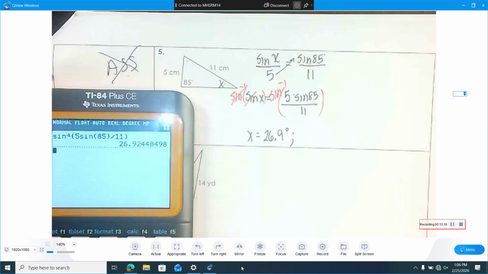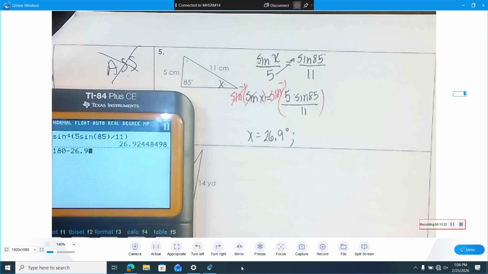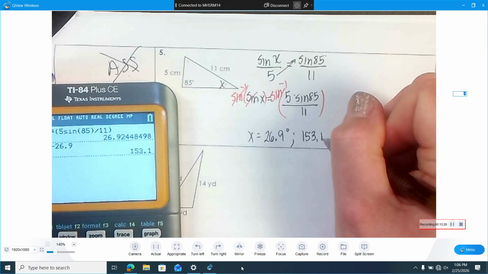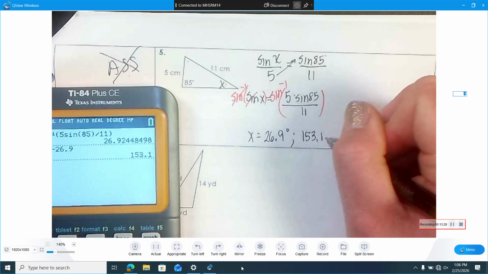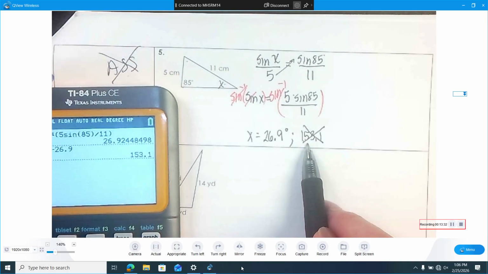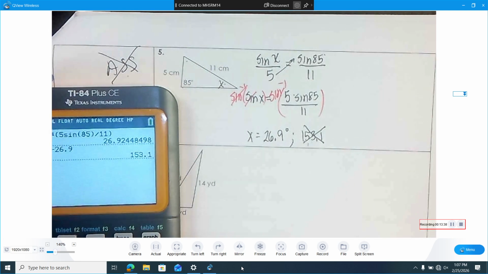That other one would be 180 minus 26.9, so that would have been 153.1. Is that possible? No. Why not? Because the 85 plus the 153 is too big. It's already over 180 degrees, so that second triangle is not possible. Good. So just one triangle is possible here.